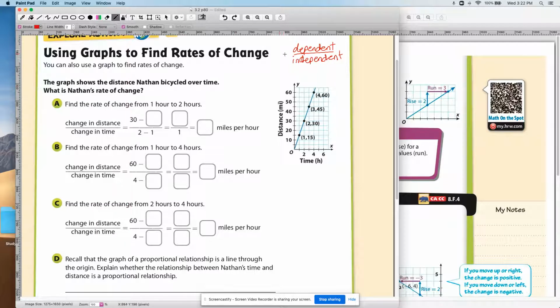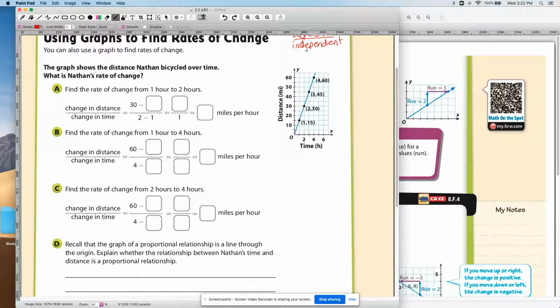So we're going to look at these graphs. We're looking at Nathan bicycling over time. What is his rate of change? So we've got time and distance. Now, what is going to be the dependent and what is going to be the independent? Is the amount of time he's riding dependent on the distance that he goes?